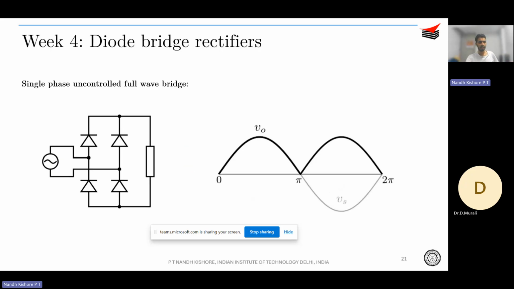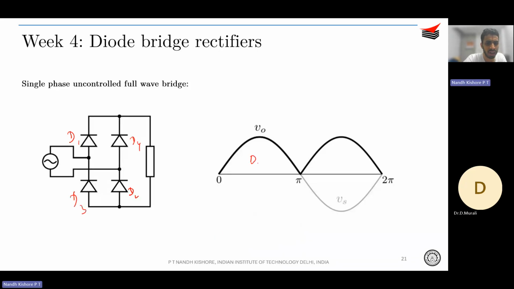In case of a full wave, you can have a bridge topology. The diagonal diodes will be conducting together. D1, D2 will conduct over here, and D3, D4 will conduct over here.